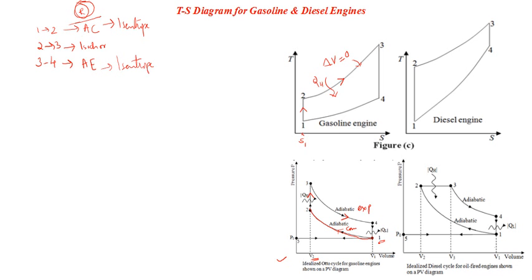So that is why you can see that 3 to 4 here is, once again, a vertical line, an isentrope. The length of the line depends upon the amount of change. So don't bother about the length of the line in one particular diagram, but when you compare two diagrams, of course it has something to say. So 3 to 4 is representing nothing but an isentrope.